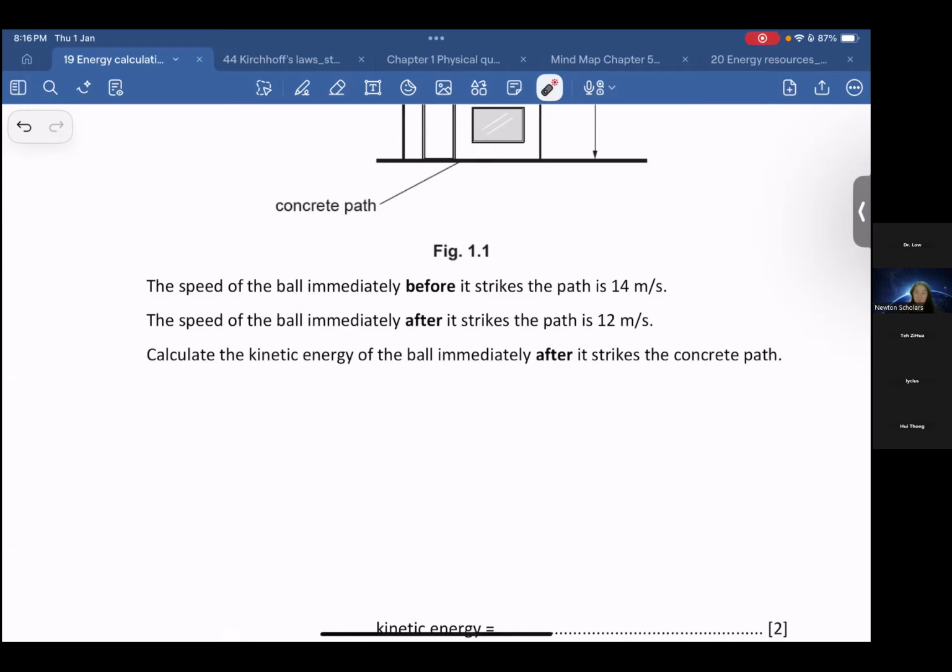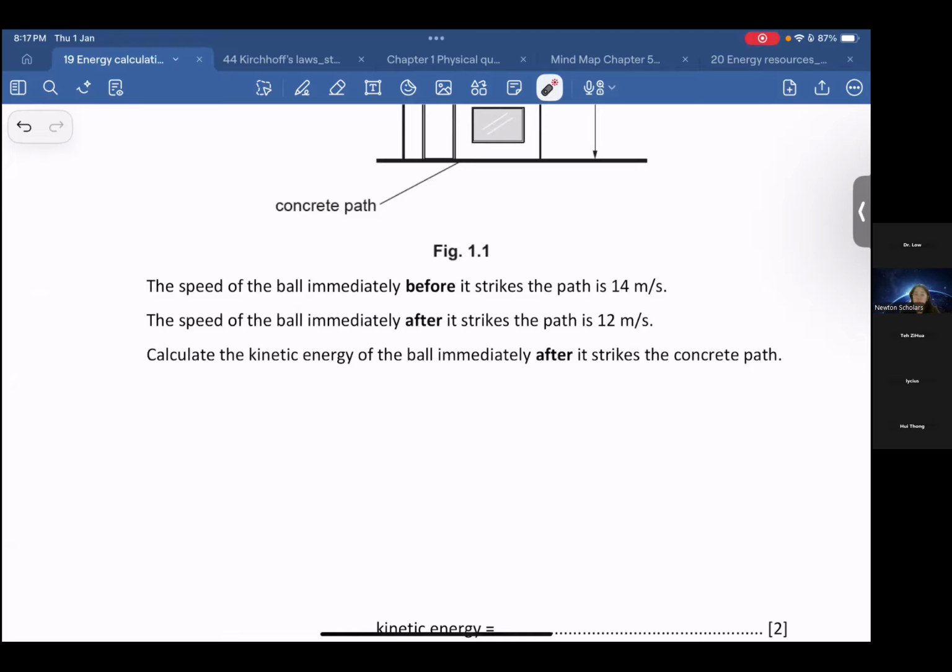Calculate the kinetic energy. Okay, you try first. This one is calculate the kinetic energy.